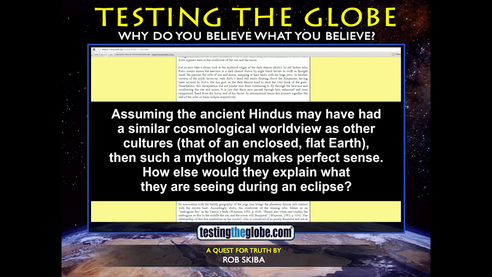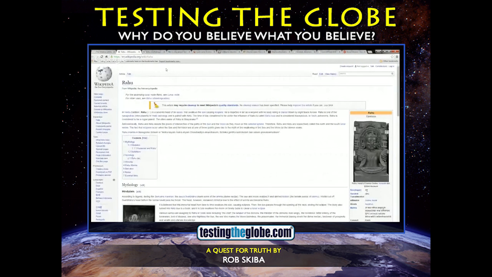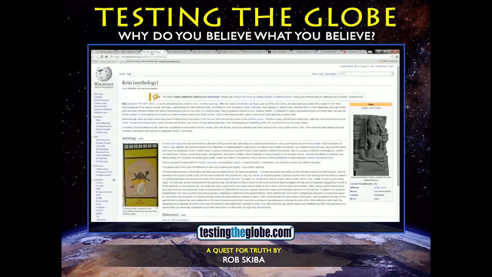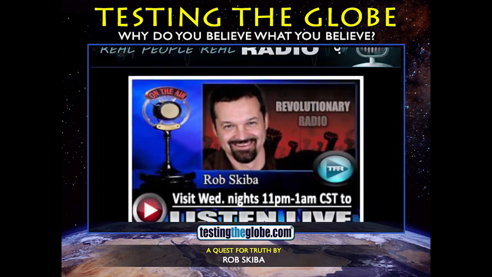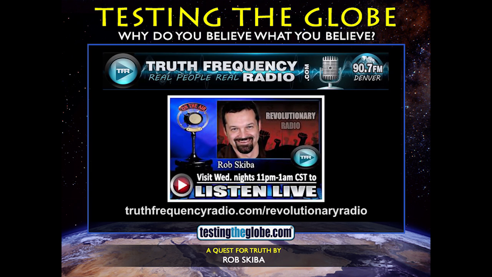So that would give the illusion that we see in the sky, from a mythological perspective, of this rounded object coming up on the moon, and then the moon going through it and coming out the other end. So you can kind of see where they get that idea from. And you can look them up on Wikipedia or elsewhere online. This is Rahu right here and Ketu right here. So if nothing else, here's some things to think about, okay? Again, I'm just exploring this stuff.